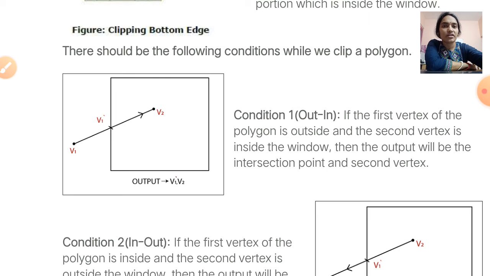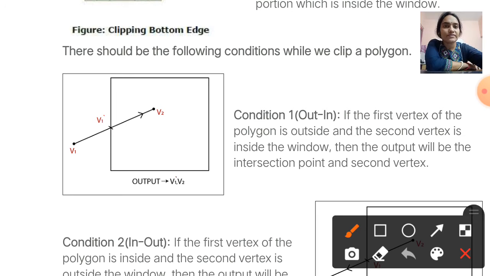In this figure, this square is your clipping window, and the line V1 V2 is an out-in line. That means vertex V1 is outside the window and vertex V2 is inside the window.